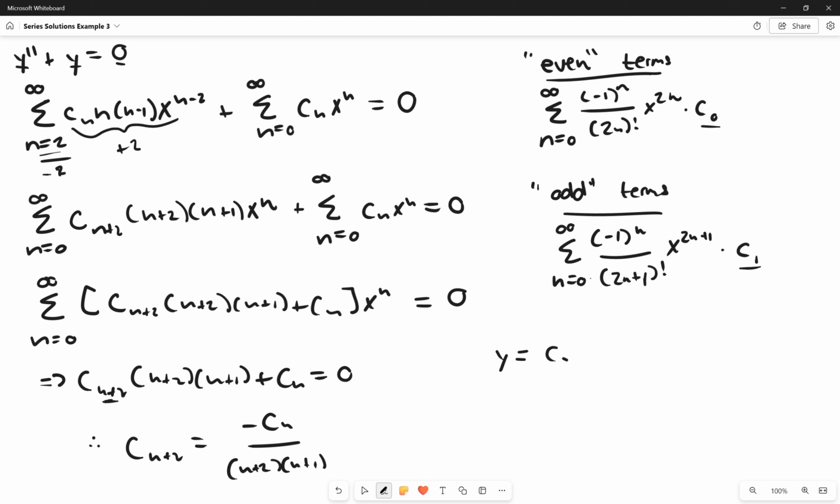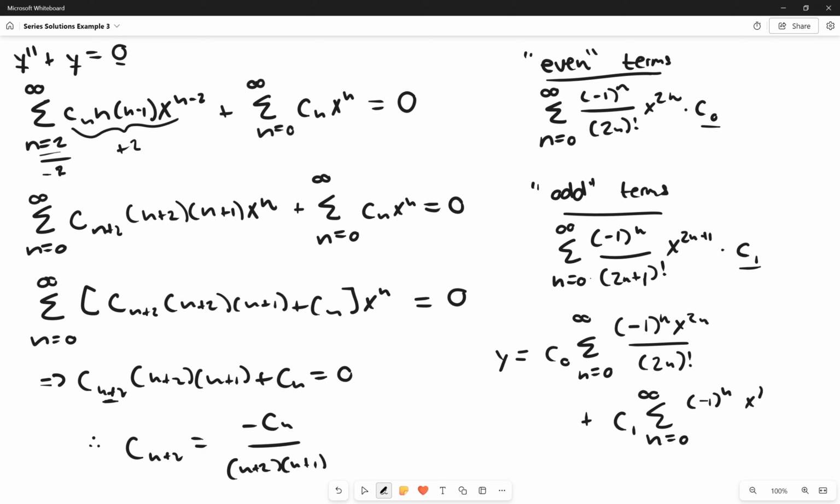So I'll just say c naught times, because it's a constant, remember I can bring it out, the sum from n equals 0 to infinity of negative 1 to the n, x to the 2n over 2n quantity factorial, plus, let's do it down here, c1, again a constant, bring it out front because I want to, times the sum of x to the 2n plus 1 over 2n plus 1 quantity factorial.